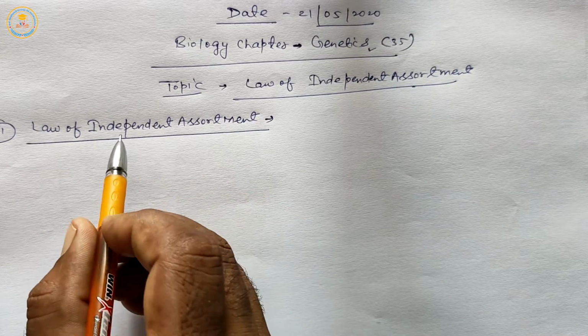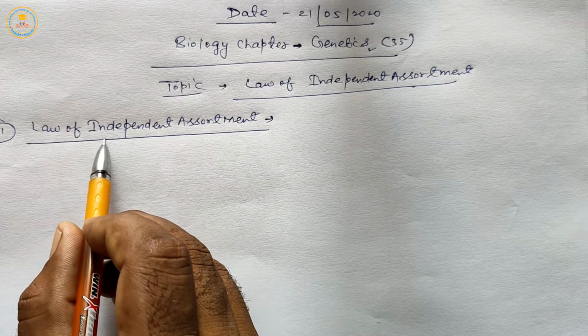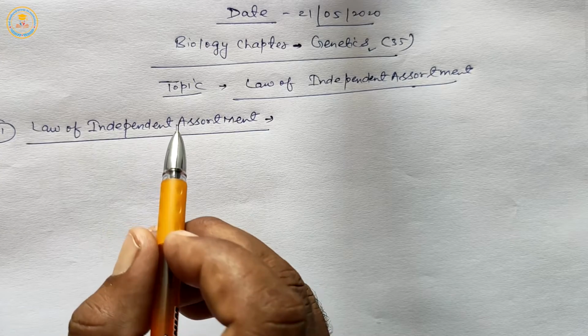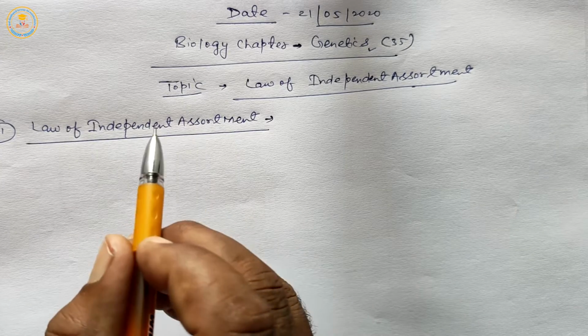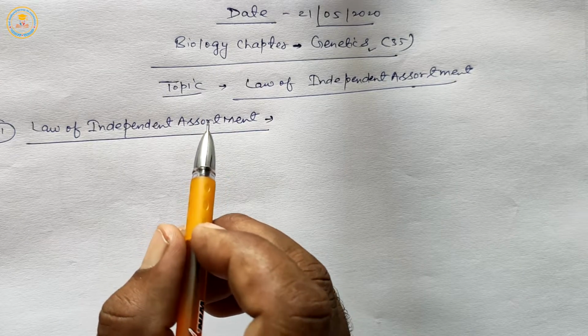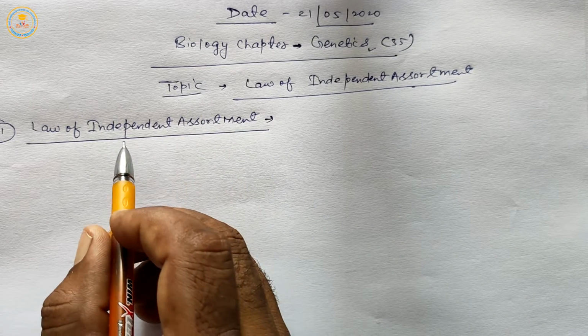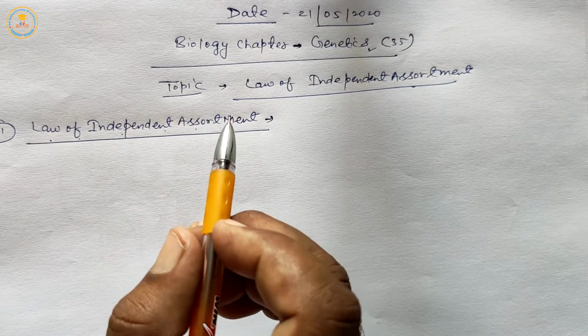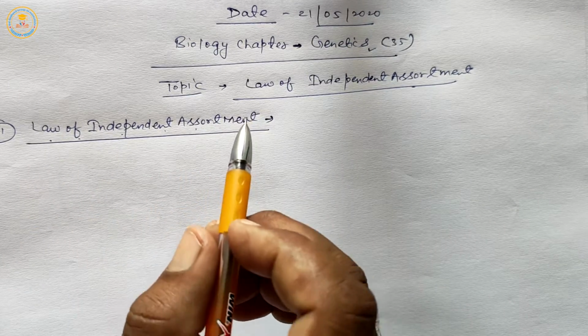Mendel's this law is based on di-hybrid cross, but law of dominance and law of segregation are based on monohybrid cross.